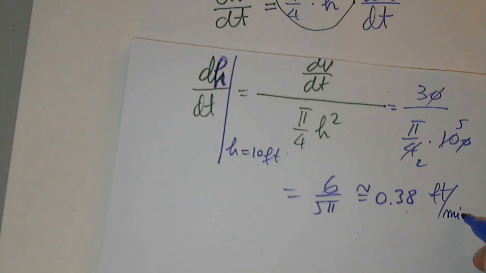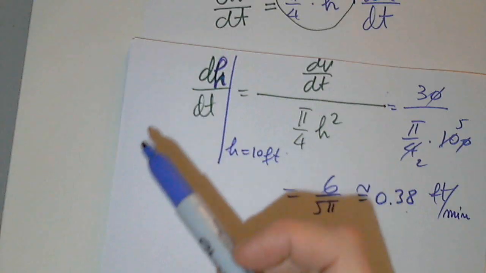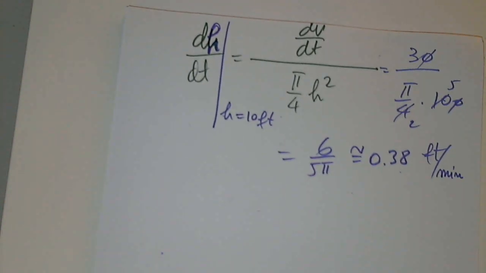Oh no, it's not. It's the height. Since it's the height, it's going to be feet. If it's dA over dt, it would be feet squared per minute. If it's dV over dt, it would be cubic feet per minute. But if it's distance with respect to time, it will be just feet per minute. Is that okay, everyone? Okay.